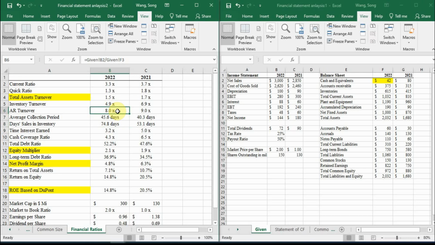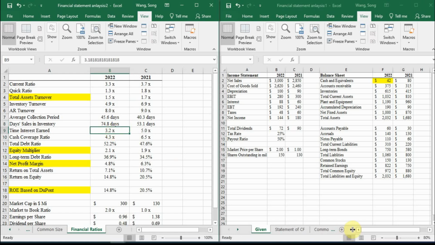And if you use the number of days divided by that turnover number, that's gonna be the number of days or the length of time to collect your bill just once, to do the process just once. And for the same reason, day sales in inventory ratio, which is 365 days divided by the inventory turnover. All right, same result. Okay, same way of calculation.